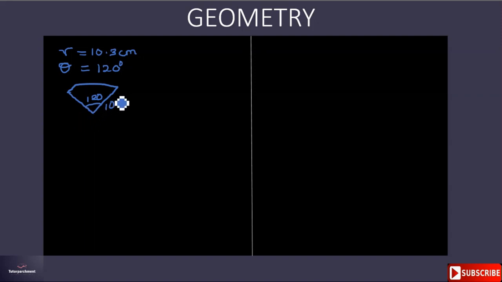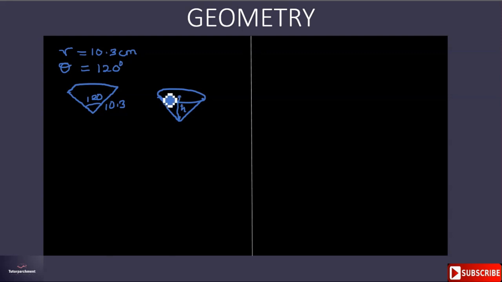If this sector, the net, is folded, you are going to have something that looks like this. What you have to find is the height of this cone. So the height, this.